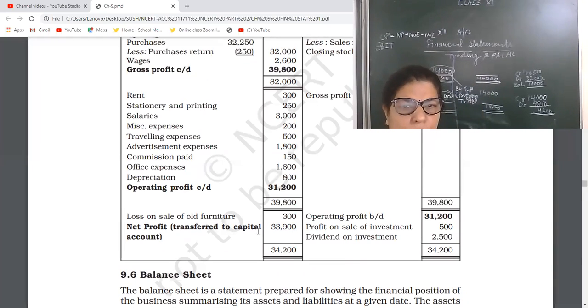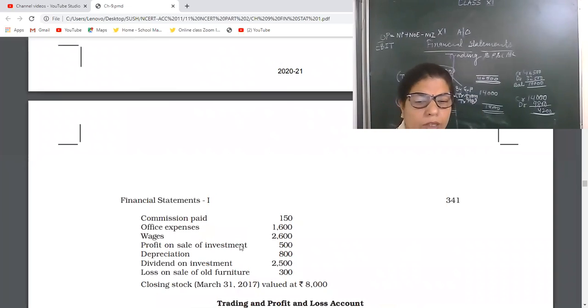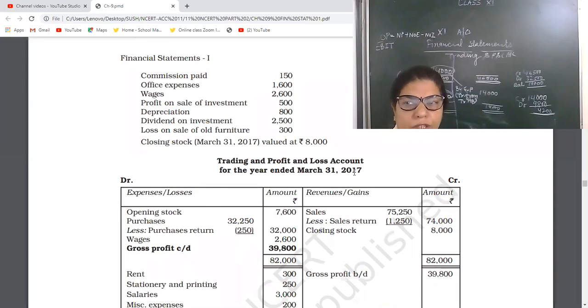See, I am going to show you again how to make trading and profit and loss account for the year ended 31st March. This side is debit, this is credit. This side is for particulars or expenses and losses amount.